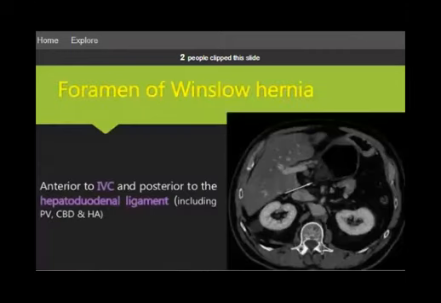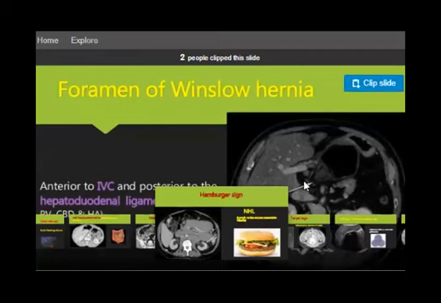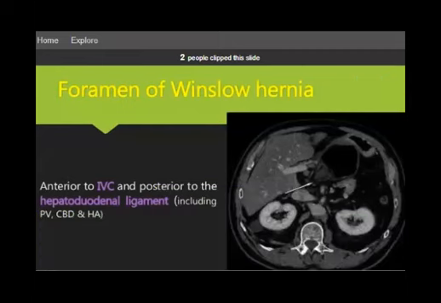Foramen of Winslow hernia, which is a type of internal hernia, anterior to the IVC and posterior to the hepatoduodenal ligament. So it includes the portal vein, the common bile duct, the hepatic artery. So it is the landmark to be anterior to the IVC and posterior to the hepatoduodenal ligament.